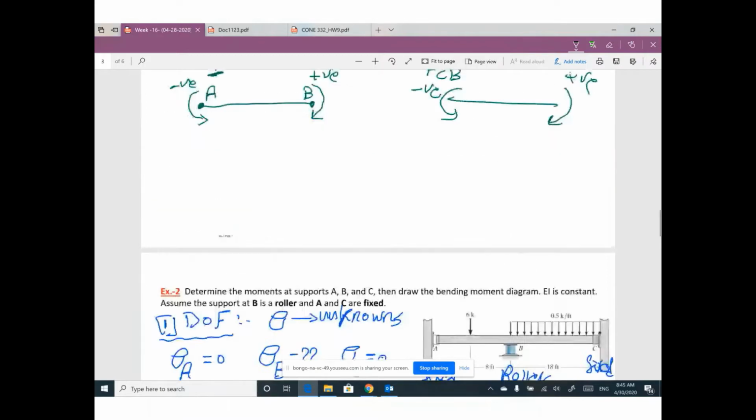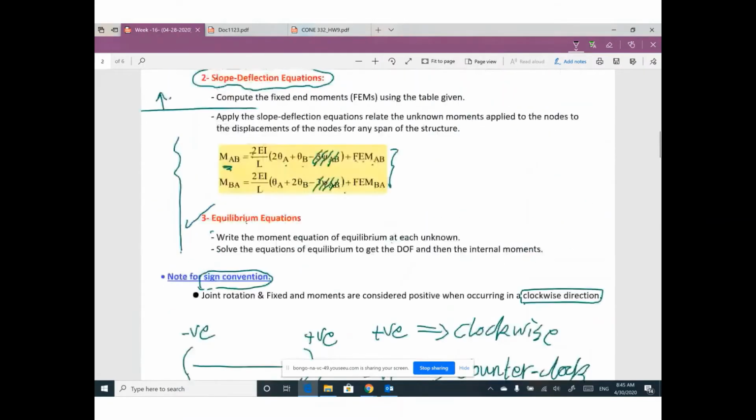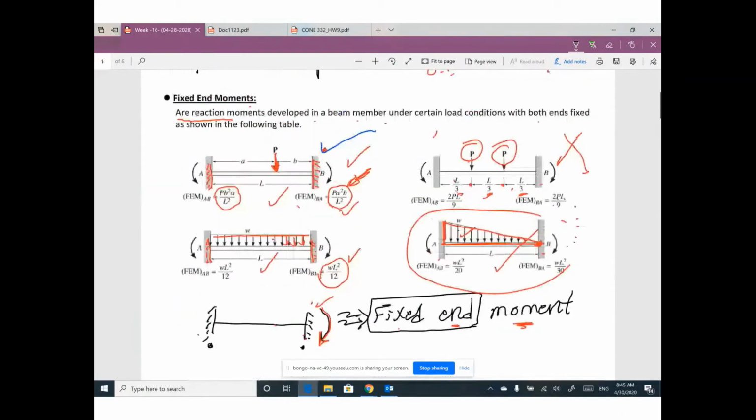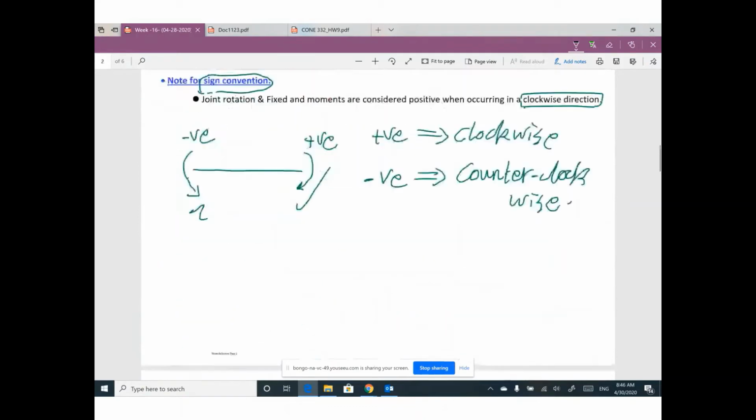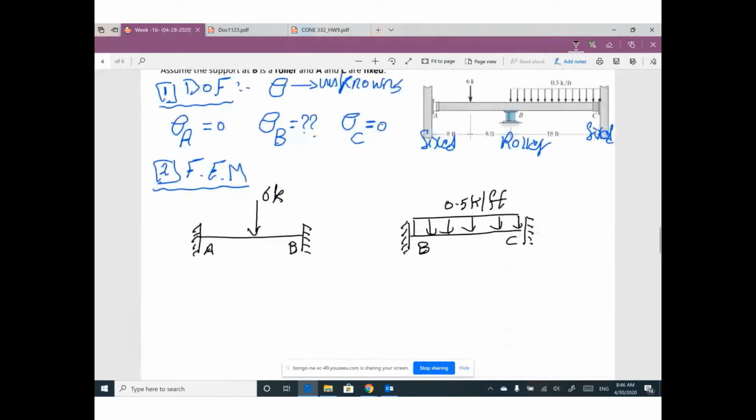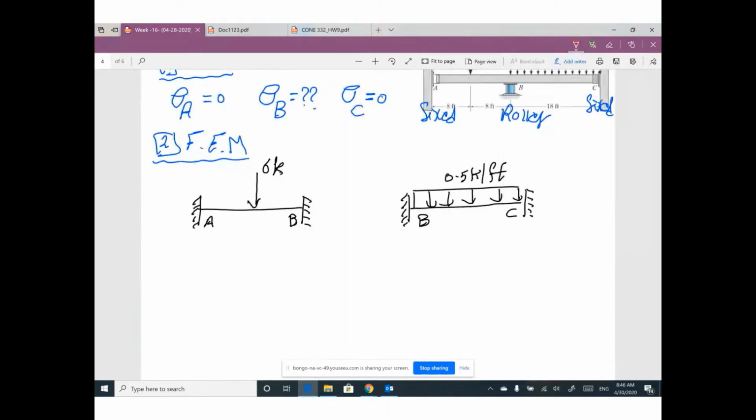If you go back to the cases of fixed end moment, we have this case and we have this case. So your fixed end moment values will be like this. This distance is 8, and this distance is 8.